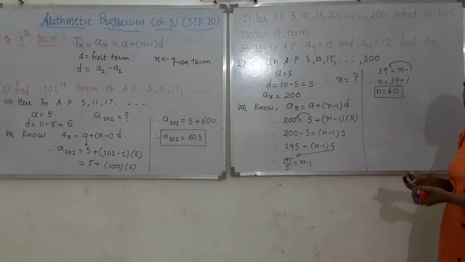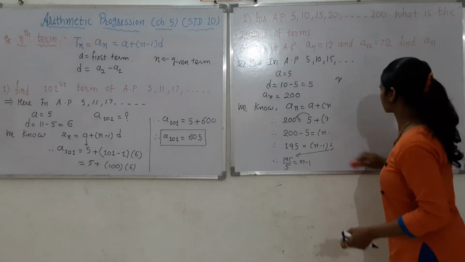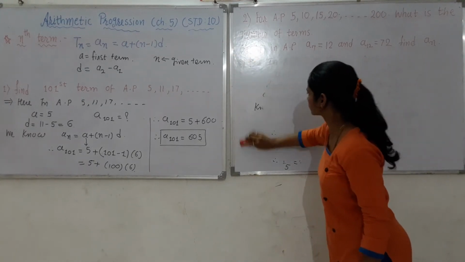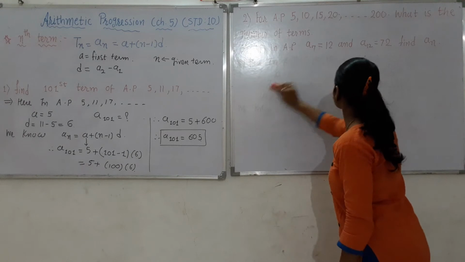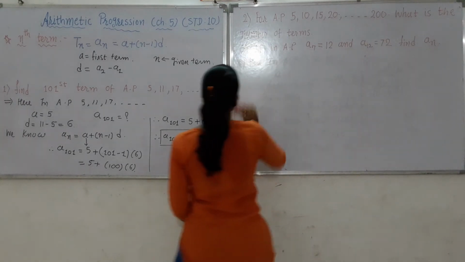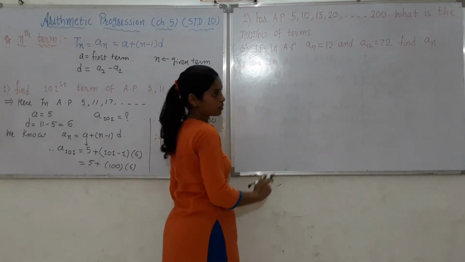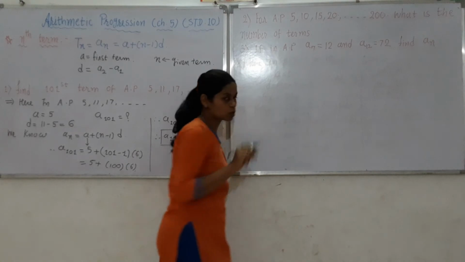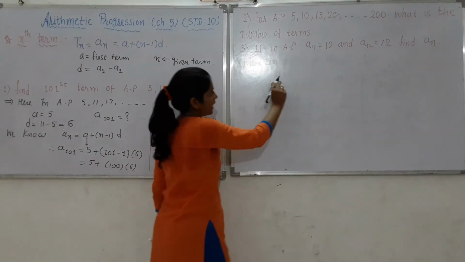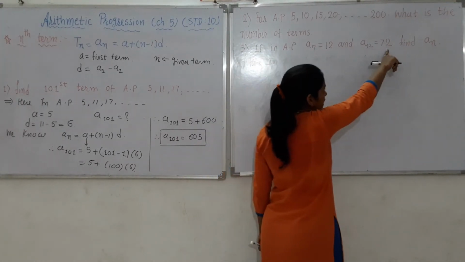Let us consider one more example. In this third example, in an arithmetic progression, A7 is equal to 12, where A7 is the symbol of the 7th term, and A12, that means the 12th term, is equal to 72.